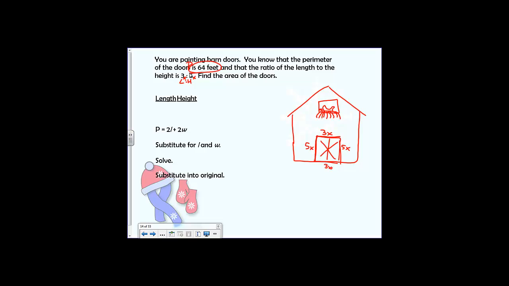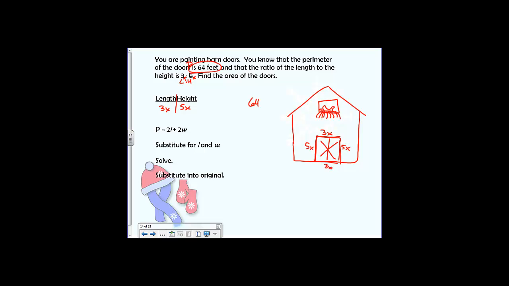So, watch this. What did we say? We said the length is 3x. We said the height is 5x, just to get the stuff labeled so we know what we're talking about. So we said perimeter means add up all the sides, right? It's the distance around the outside edge. What did I say the perimeter was? 64 feet, right?